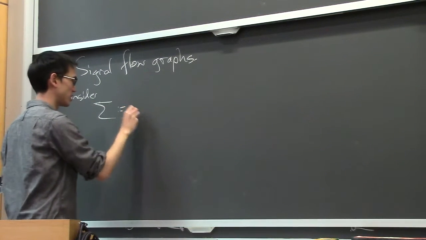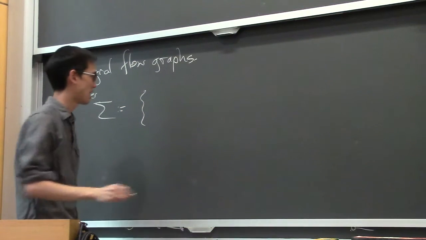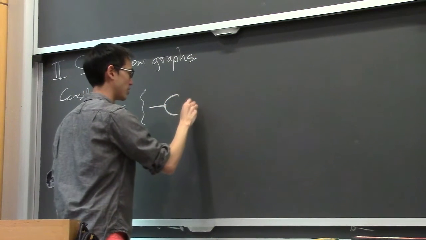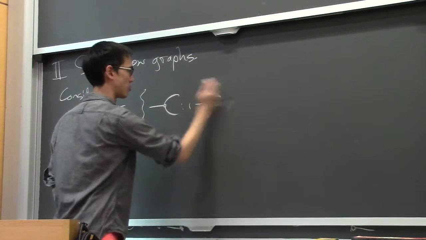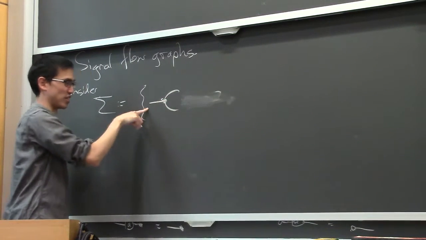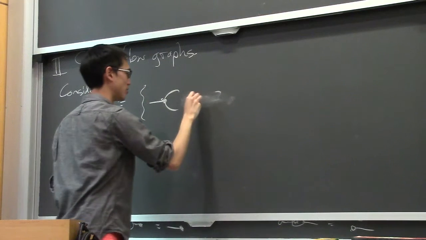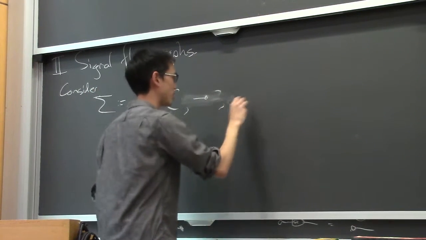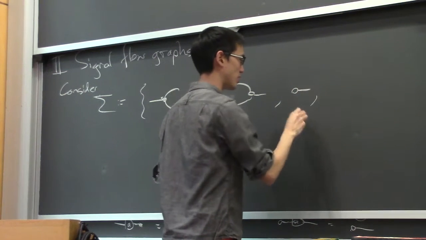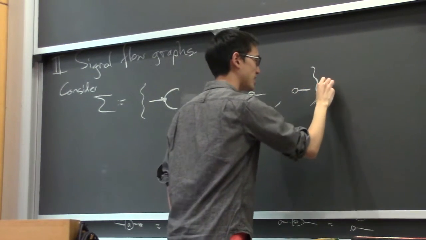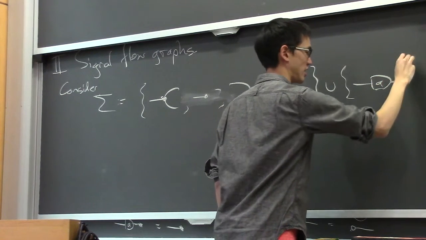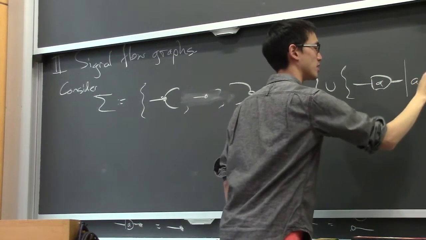I'm going to call it sigma, and it's going to have a morphism from 1 to 2. In fact, I won't write the types, but this is a morphism from 1 to 2 because it's a picture of something that has one input and two outputs. Have a morphism from 1 to 0, a morphism from 2 to 1, and a morphism from 0 to 1. And then I want a morphism from 1 to 1 called A for every real number A.